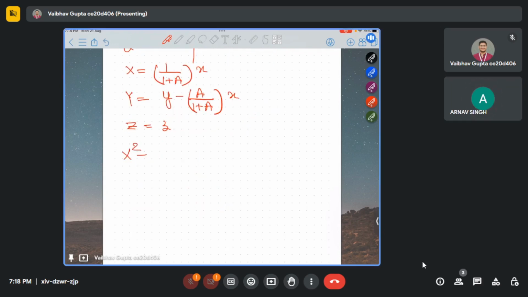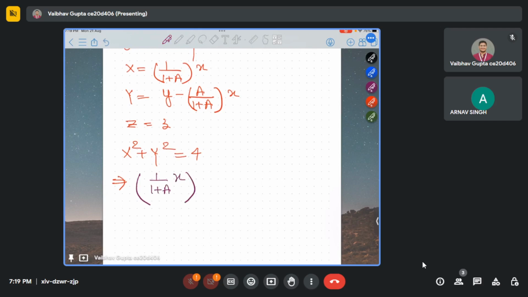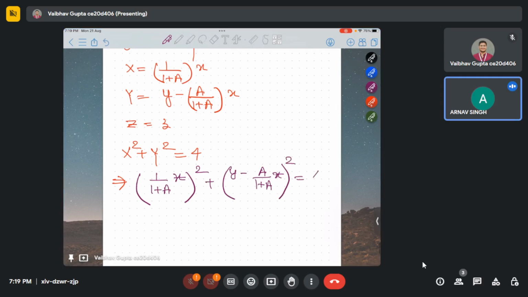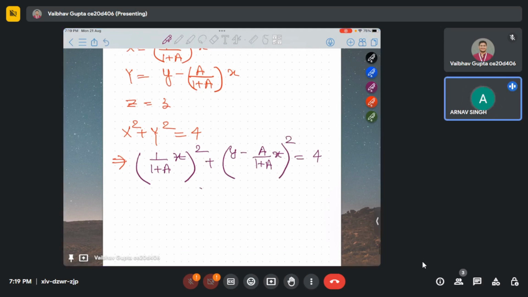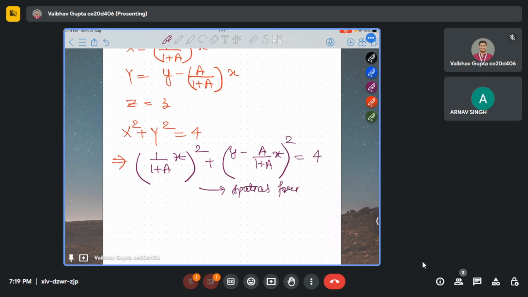So this equation can be changed to, we can write like this. Yes, sir. This is in spatial form. Okay.